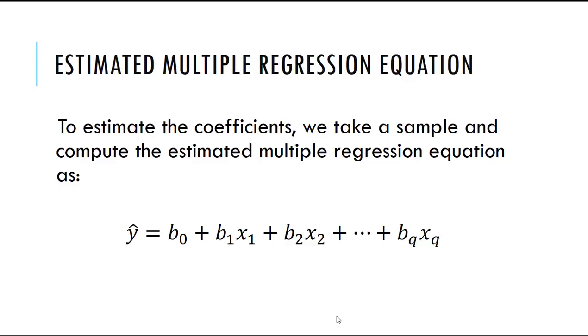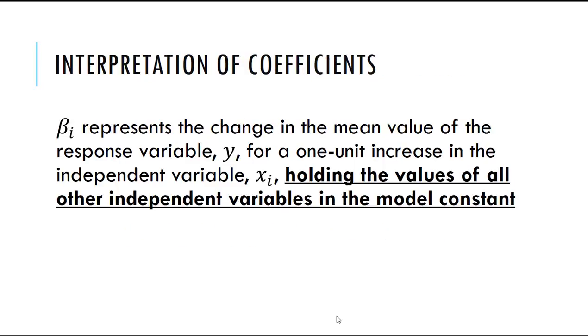Once we do that, we often also want to interpret what the b1 and the b2 mean. Each bi represents the change in the mean value of the response variable, y, for a 1 unit increase of the independent variable, x sub i, holding the values of all other independent variables in the model constant.